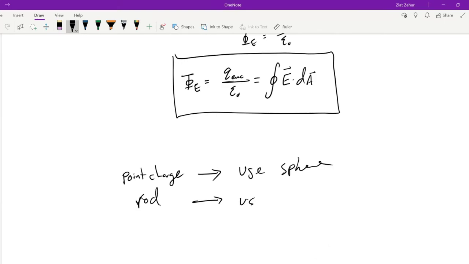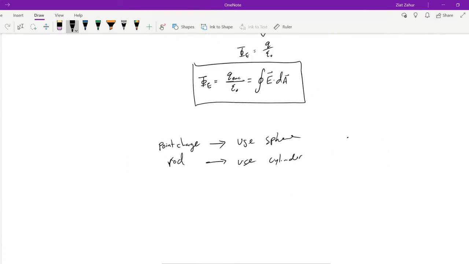Cylinder, yes. So if you have a dot, then encapsulate that dot with a sphere. If you have a rod, then you encapsulate the entire rod using a cylinder.